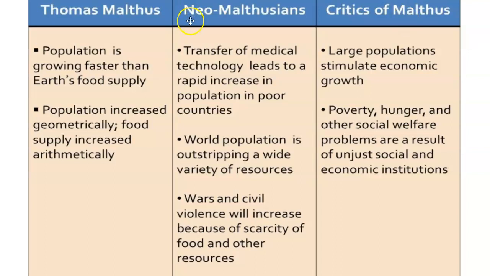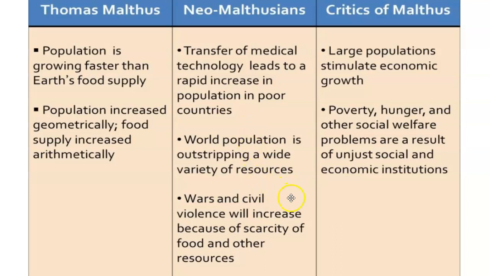And then for neo-Malthusians, they still carry some of the ideas of Malthus, but in the context of today. So the transfer of medical technology leads to a rapid increase in the population in poorer countries. And so, this is where we're seeing the most population growth, or the most rapid population growth.